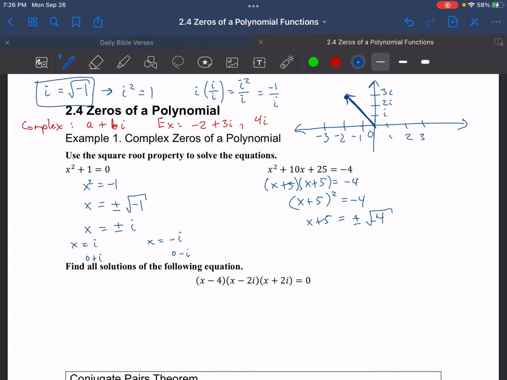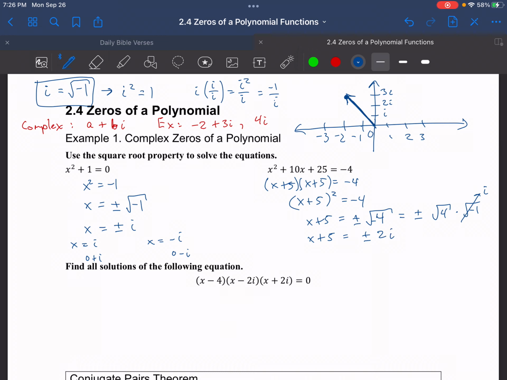And the square root of -4 is actually just the square root of 4 times the square root of -1, like that. And that square root of -1 is i. So this is just going to be the square root of 4 times i. And so the square root of 4 is just 2.